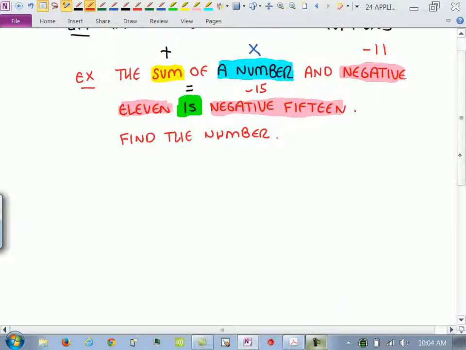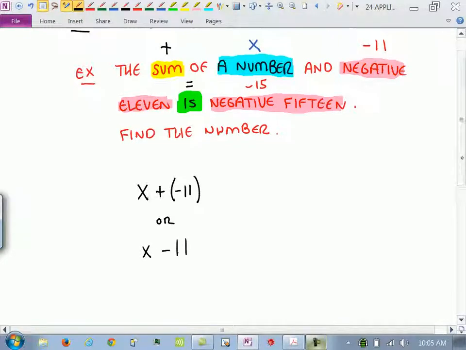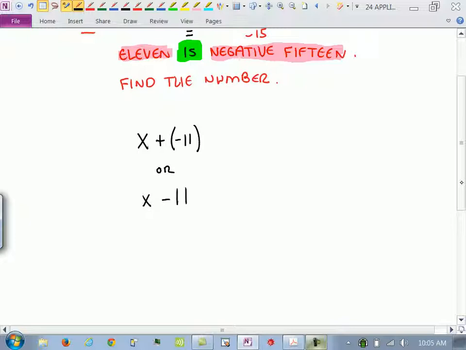So what we get is this. I want to take two numbers and add them together. The two numbers are x and negative 11. So how would I write that? x plus negative 11. Now, if I'm going to do that, I need to write it with parentheses, because we never write a plus and a minus right next to each other without parentheses. Or I could have written just x minus 11, because addition of a negative number is the same as subtraction.